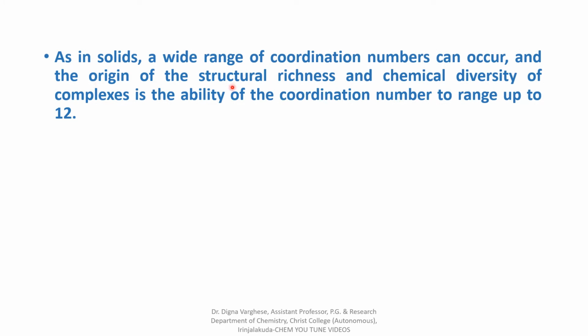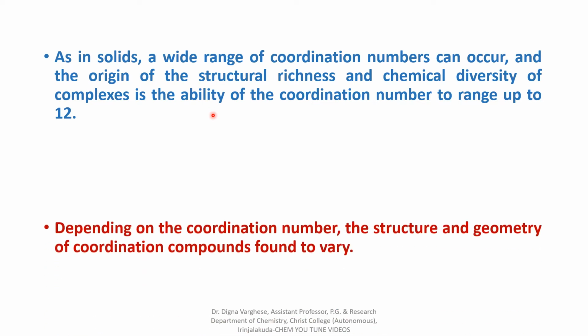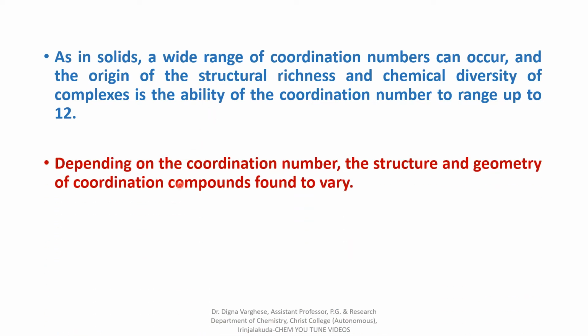As in solids, a wide range of coordination numbers can occur, and the origin of the structural richness and the chemical diversity of the complexes is the ability of the coordination number to range up to 12. Depending on the coordination number, the structure and geometry of the coordination compounds are found to be different.